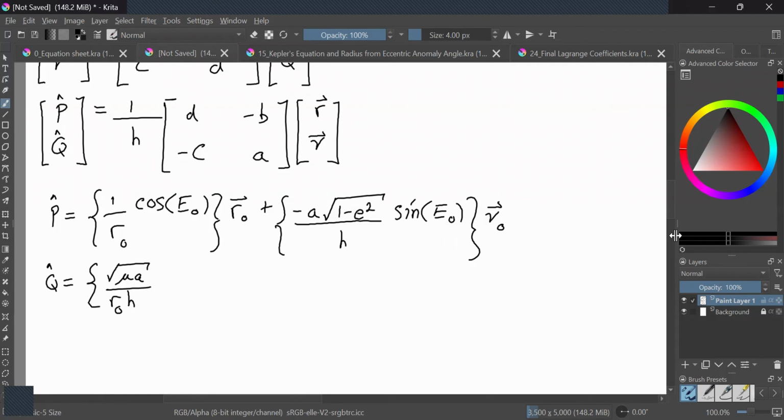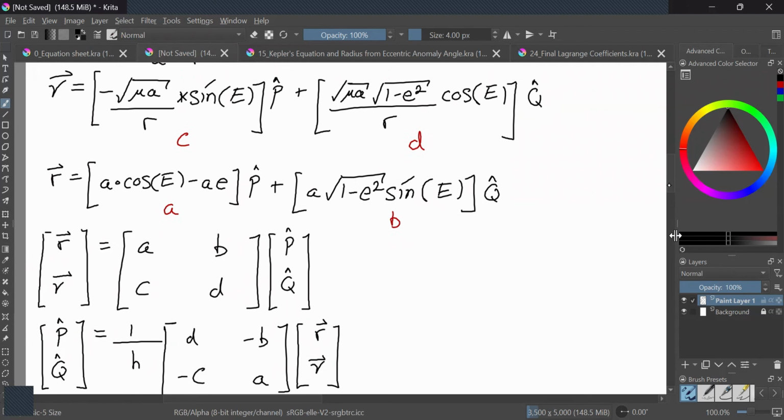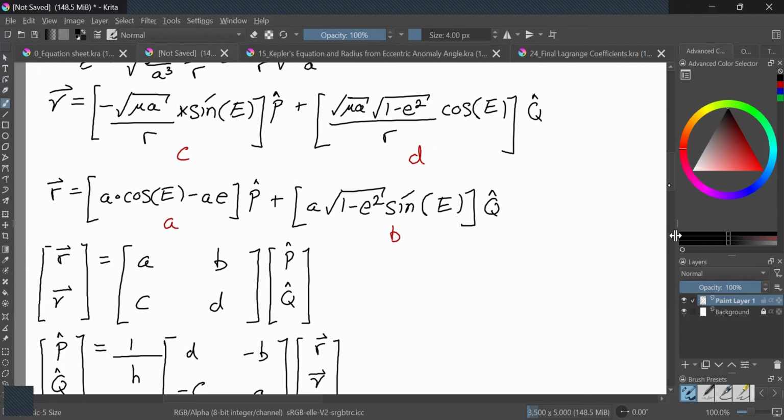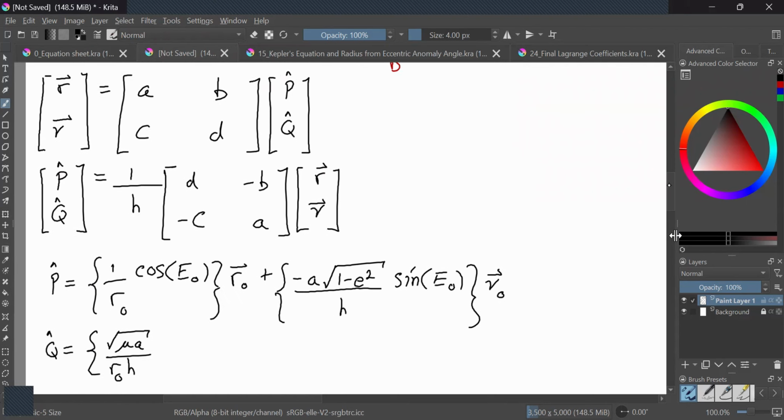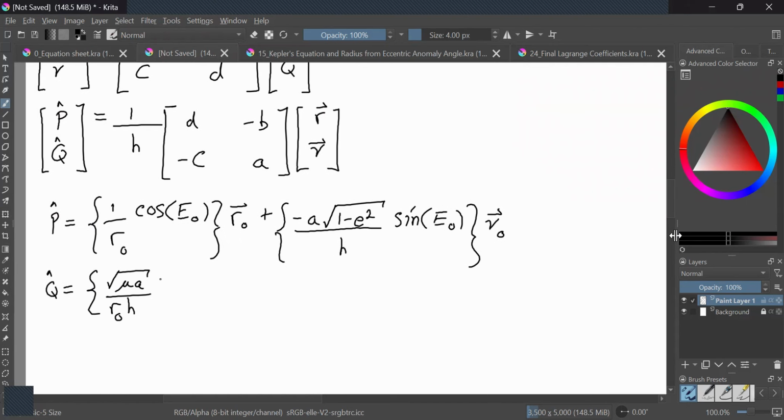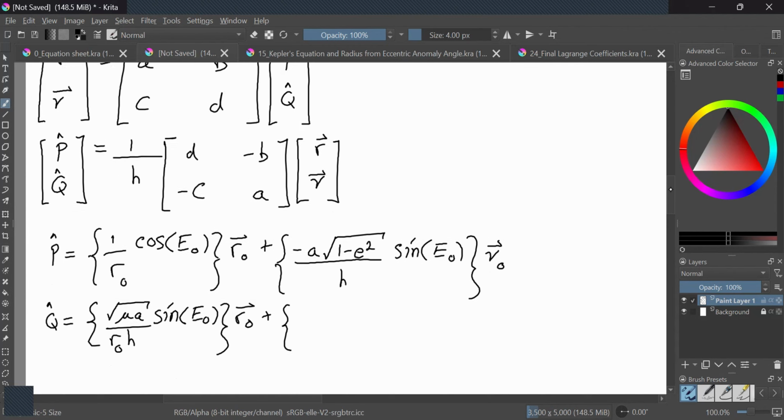Remembering that that is the initial r, c times the sine of e naught, scaled by the r naught vector, plus a.